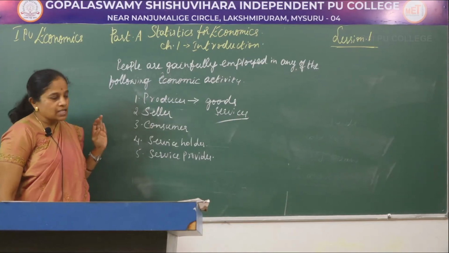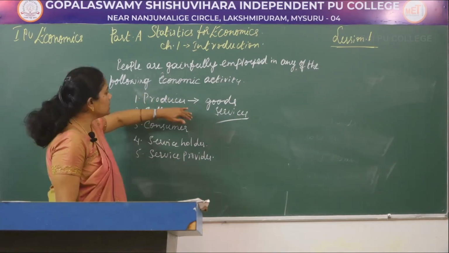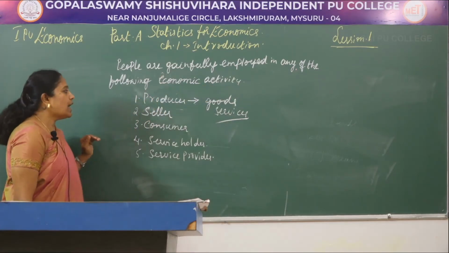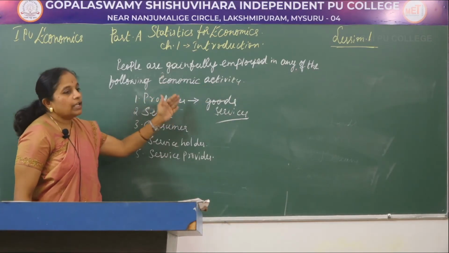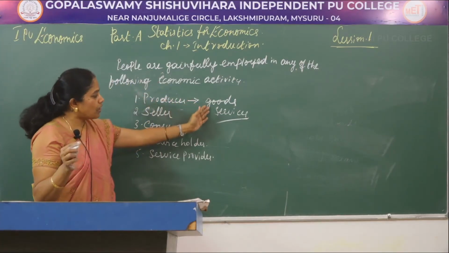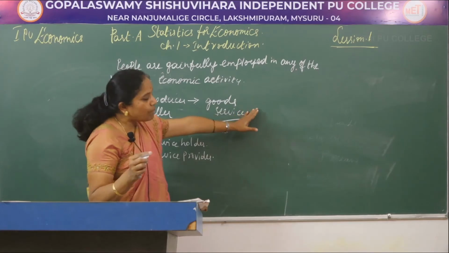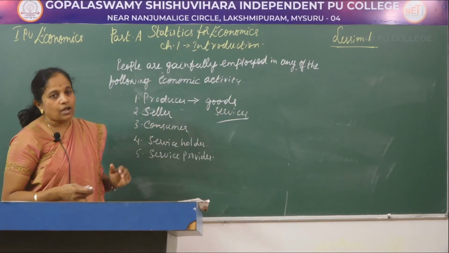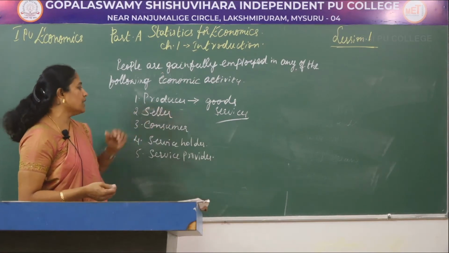Both are treated as the production sector. So for that he procures the raw materials, and after procurement he converts these raw materials into finished products with the help of machineries or with the assistance of human labor.